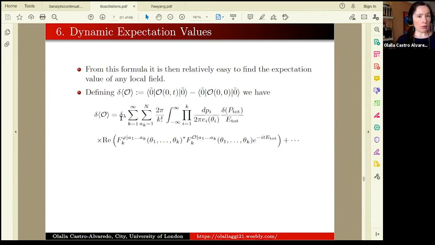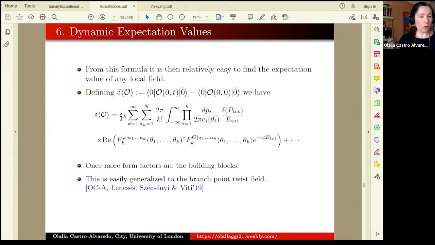This is something that was known before I ever worked on this kind of problem. What attracted us to this is that, again, form factors are the building blocks. So there is a good hope that you can generalize this to twist fields and hence compute entanglement in this way. Indeed, it's not difficult to do this, at least formally, because the only thing you have to do is to replace the operator O by the twist field.